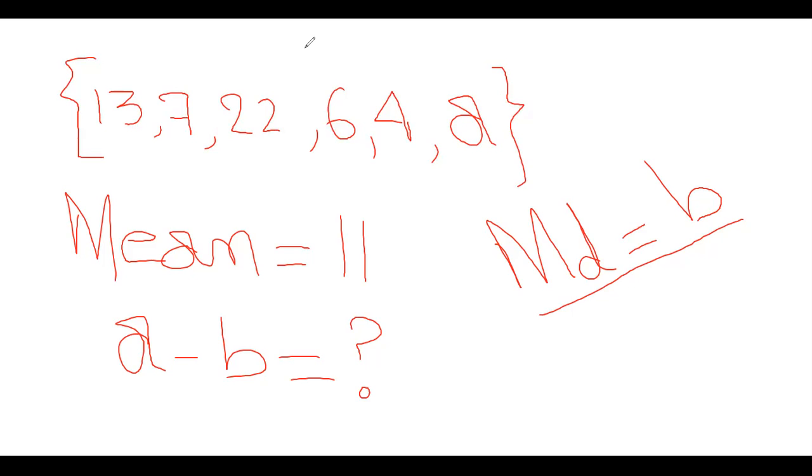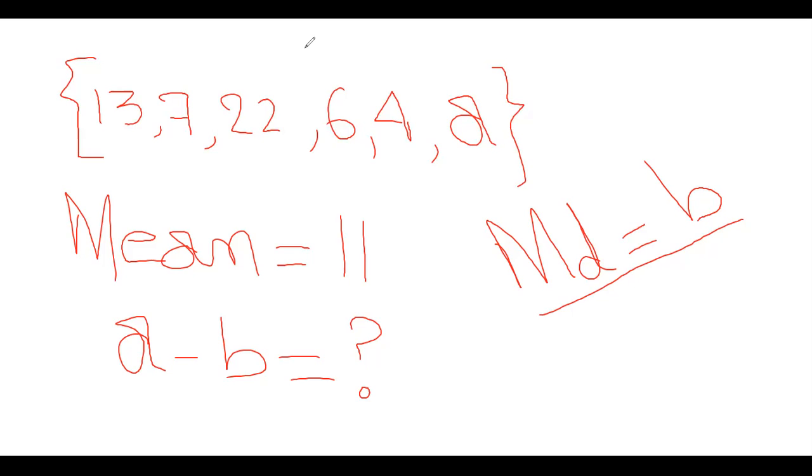Then 4, 6, 7, 13, 14, and 22. A minus B, 14 minus 10. Is it 4? Yes, absolutely right.